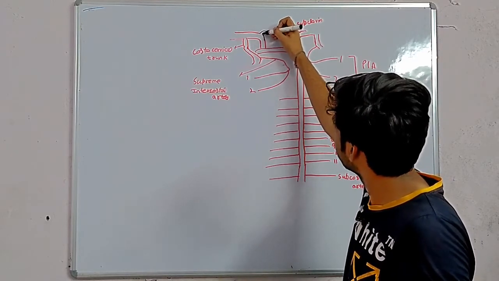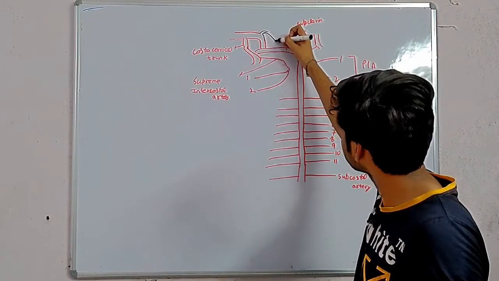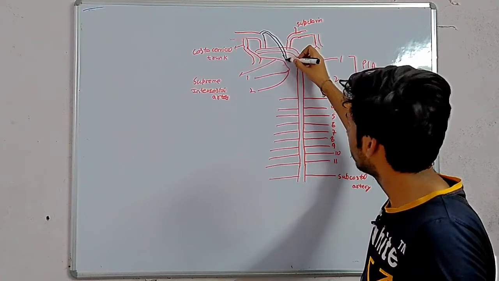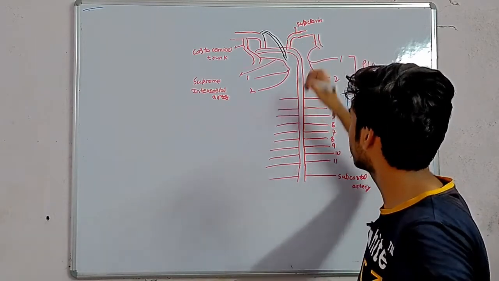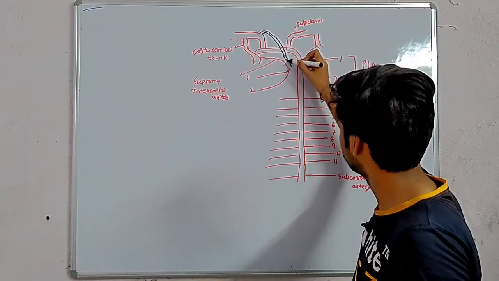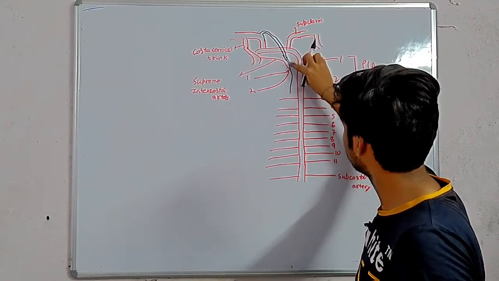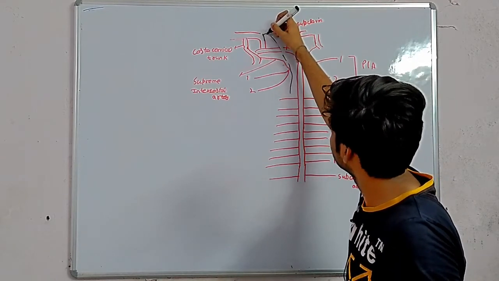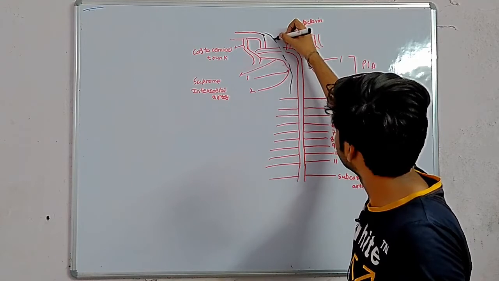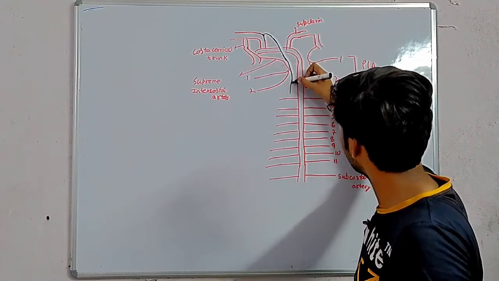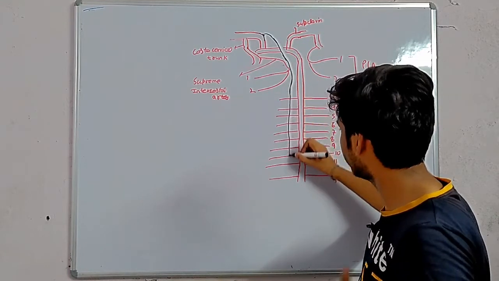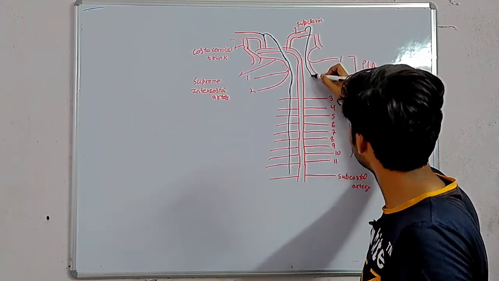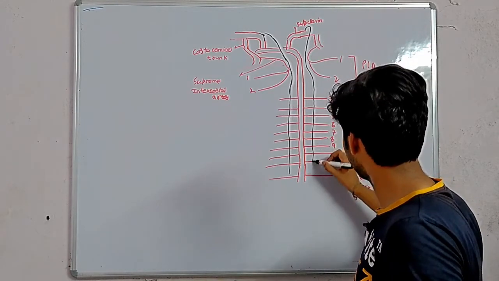Here is the branch of the subclavian artery, the internal thoracic artery, which runs on both sides just lateral to the sternum, like this.